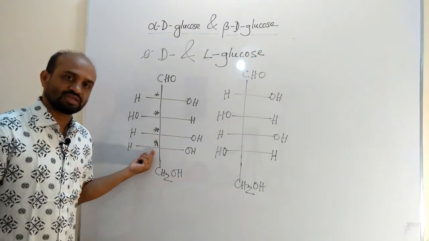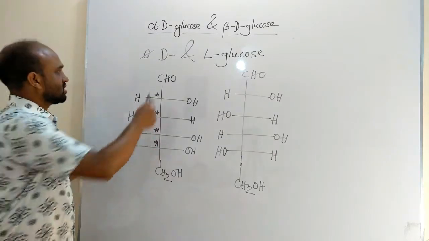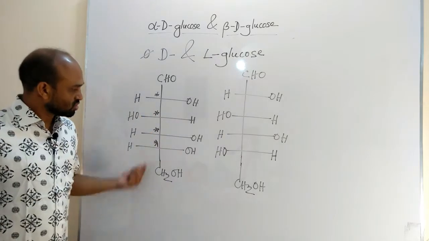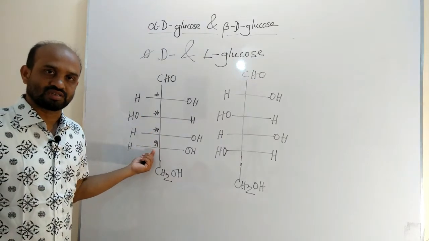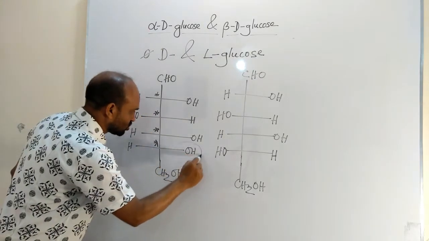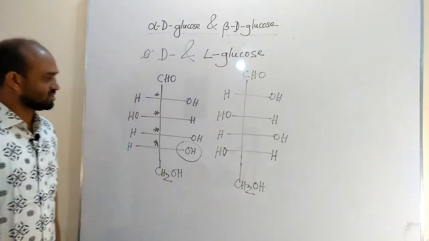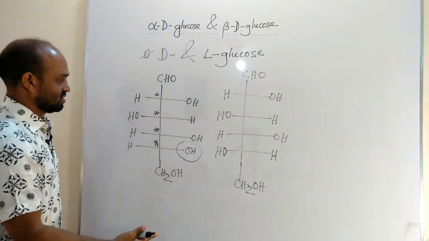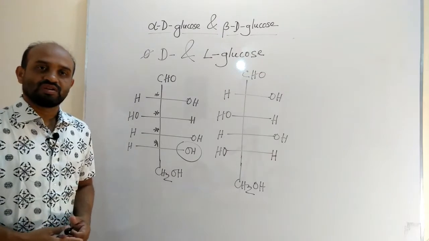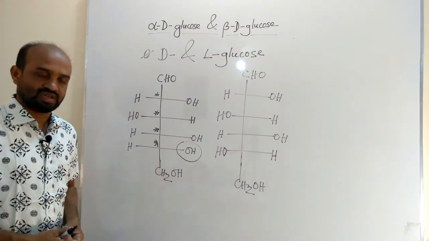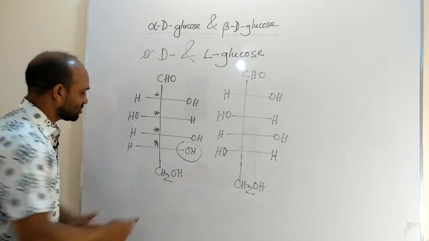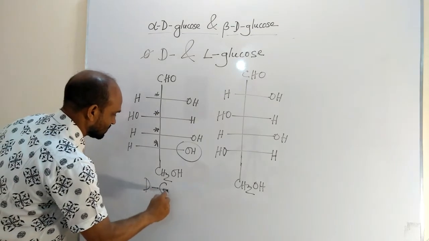This chiral center is termed the distant chiral center. So at the distant chiral center, the large group, hydroxyl group, is on the right side. So based on this point, it is termed D-glucose.